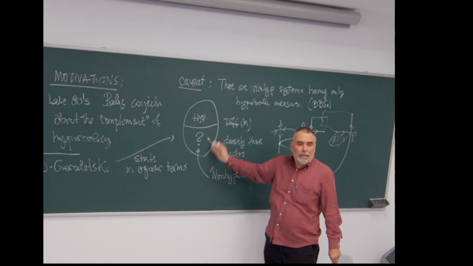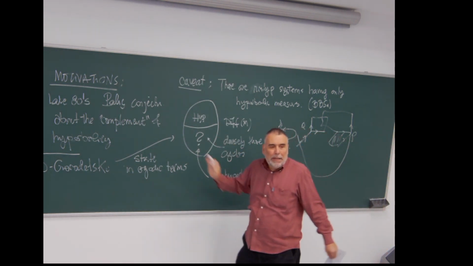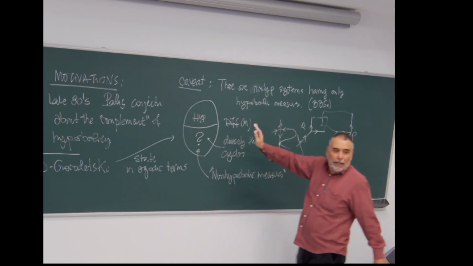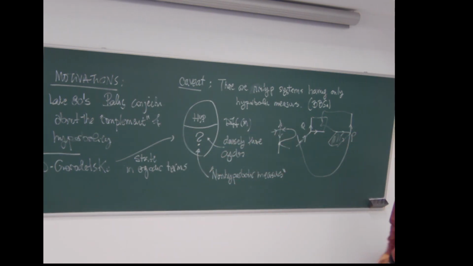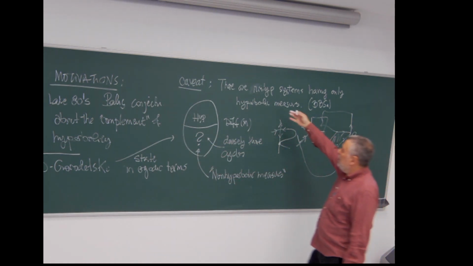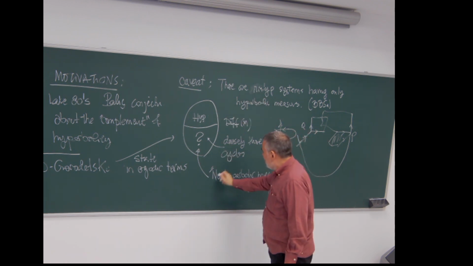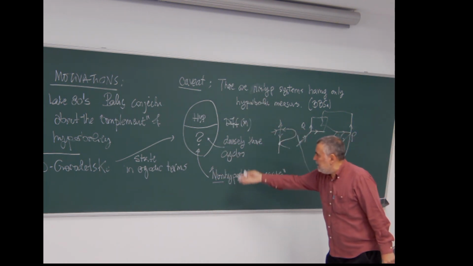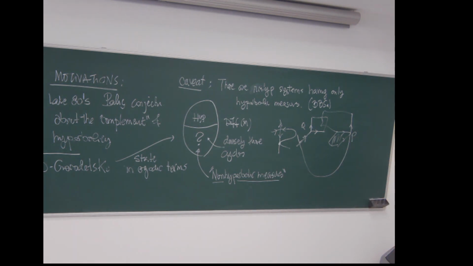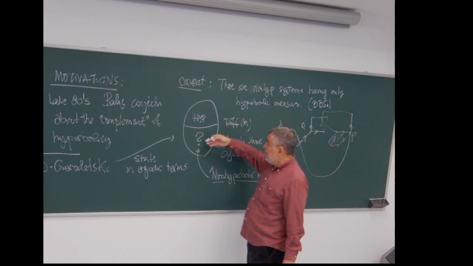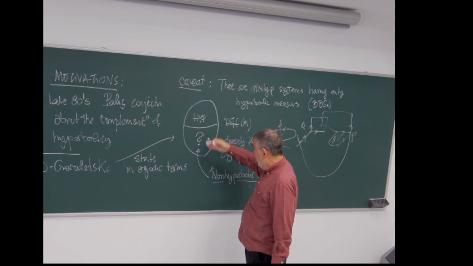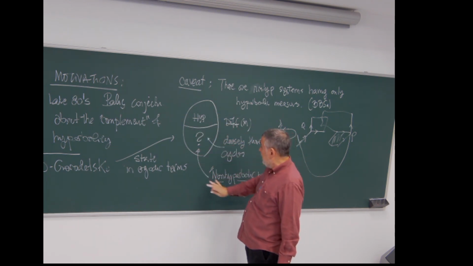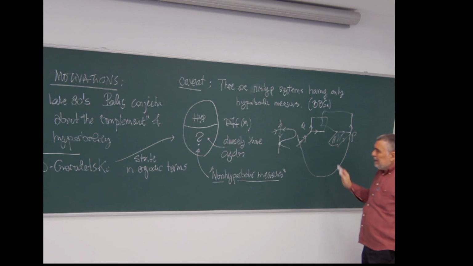bitterly. There are many examples coming from renormalization theory with this kind of properties. I'm not aware of this, but this is a conjecture. This is what you need to write this in a correct way. I don't want to do it today, but what one expects is that in the complement of hyperbolicity, you have non-hyperbolic measures.